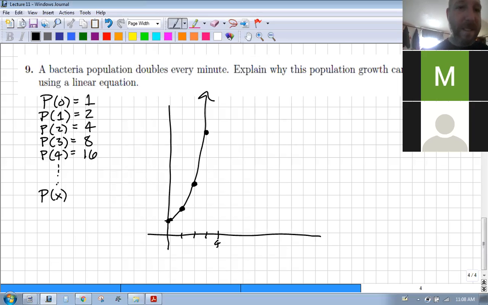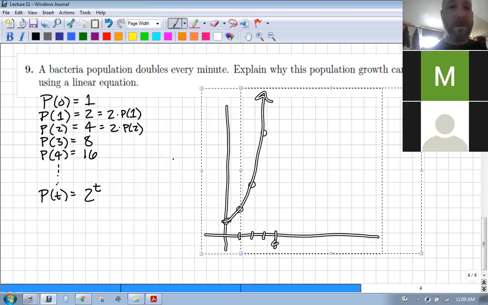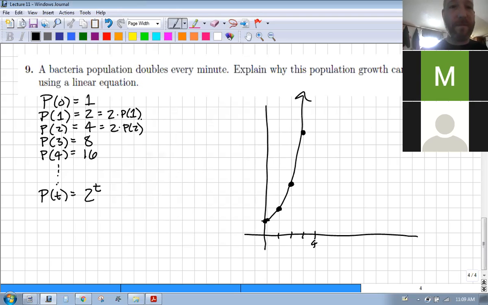Well, let me use t here. Time. What we're looking at here is an exponential function. It doubles every time, right? This is twice p of 1. This is twice p of 2. It's twice the previous.